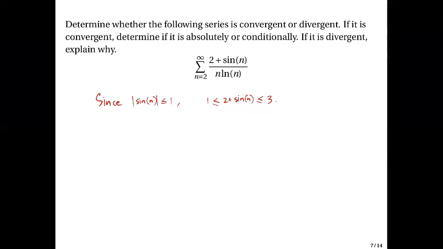So 1 over n ln of n is less than or equal to 2 plus sine n over n ln of n, and take note that this is greater than 0 for n greater than or equal to 2.